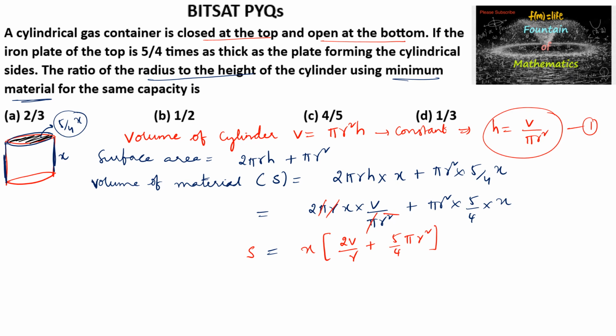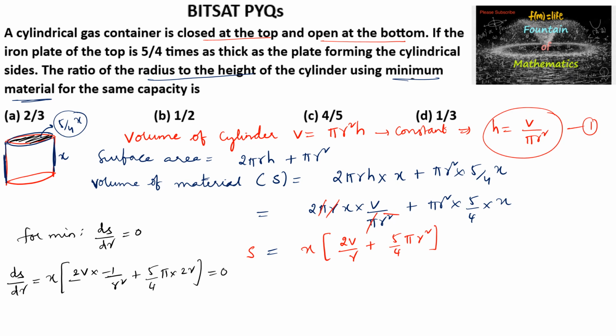Since we require minimum material used, so for minimum we must consider dS by dr is equal to 0. So differentiating, we'll get dS by dr is equal to x times 2V into 1 upon r differentiation, minus 1 by r square, plus 5 by 4 pi into 2r, is equal to 0.